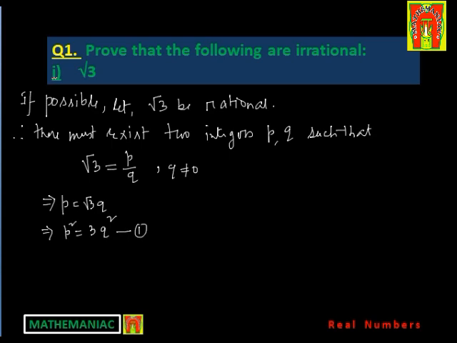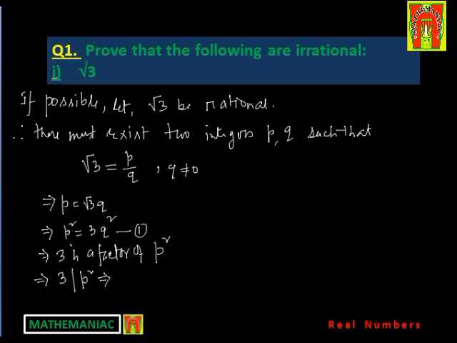Can I say that 3 is a factor of p square? Yes. From here it is very clear that 3 is a factor of p square. If 3 is a factor of p square, it means 3 divides p square.